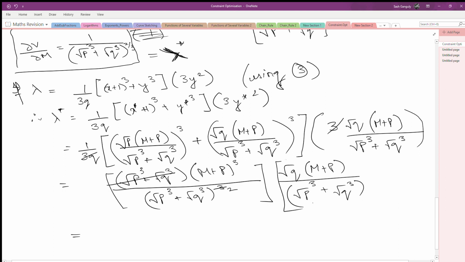This entire thing will have a square attached to it. This bit would have a square attached to it, right?